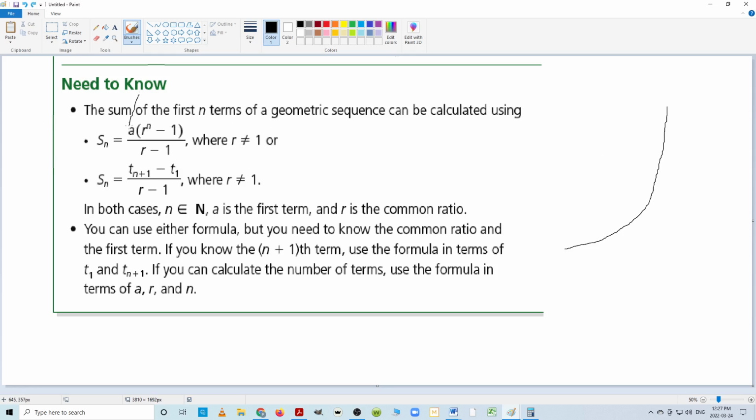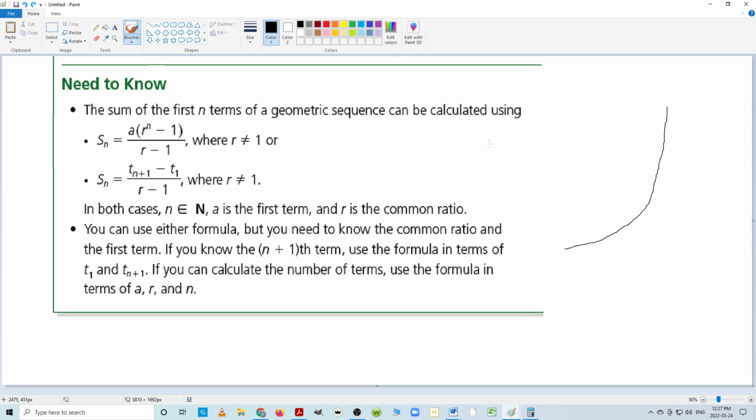The sum is equal to the first term times the ratio to the power of how many terms there are, minus 1, all divided by the ratio minus 1. Very hard to visually understand where that came from. Or the sum is equal to the term one above the highest term, minus the first term, divided by r minus 1. Now, it would be hard to figure out one above the highest term unless you know the ratio.